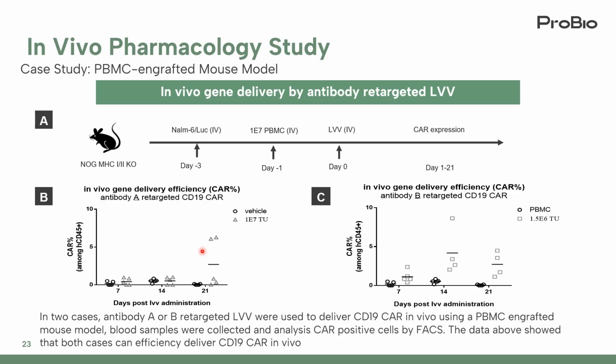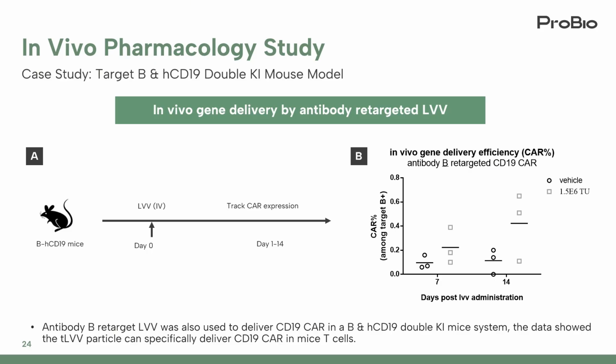In both cases, we observe a time-dependent expression of CD19 CAR in the mouse PBMC after LVV administration, but no visible change with the vehicle control. This data demonstrates that both A and B retargeting antibodies can effectively deliver the CD19 CAR in vivo.